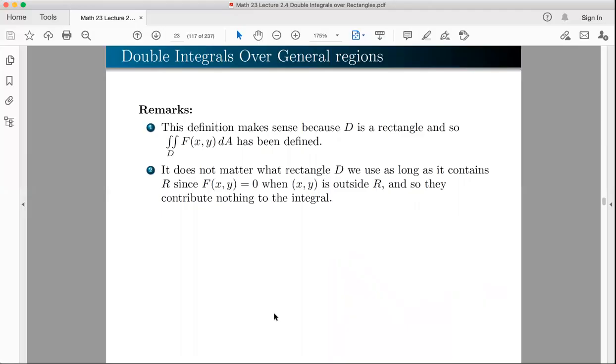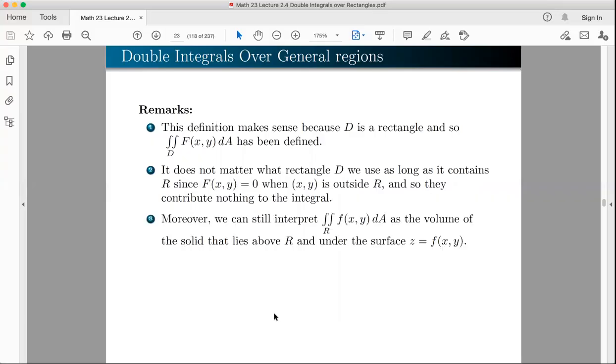It can be very large or it can have sides which are tangent to the boundaries of the region R. The important thing is the entire region R is inside the region D. At points outside R, the function value of big F is 0. So when you compute the integral using your subrectangles, the value of big F there is 0, so the contribution to the integral is also 0.